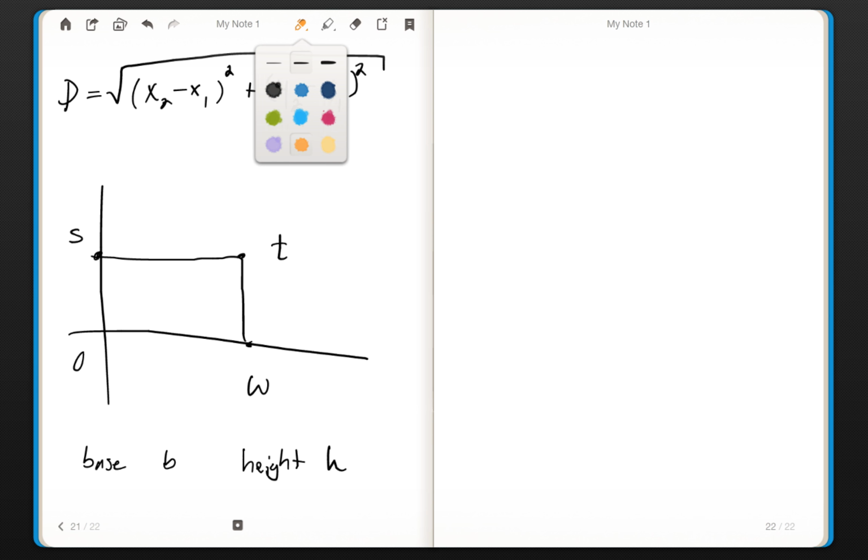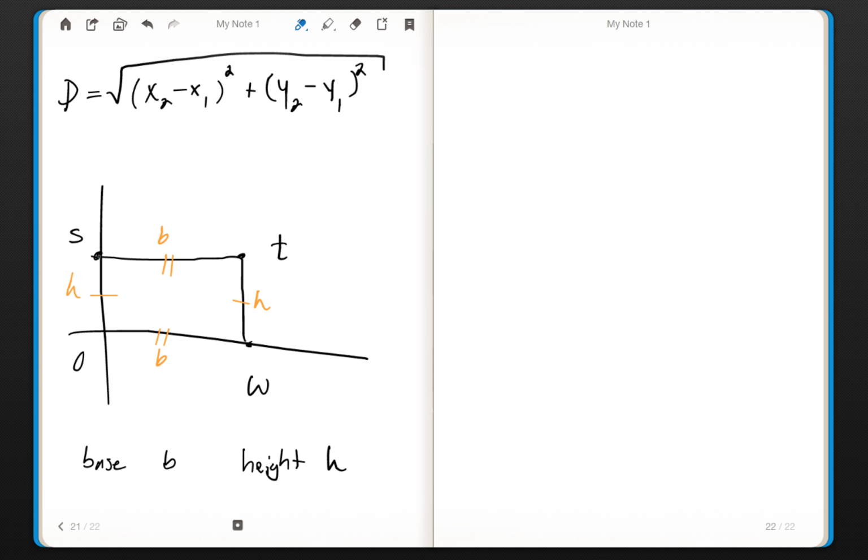We just have to go in and just be specific. So that means that this is H, this is H, this is B, and this is B. So those are the distances. These are equal to one another, and these are equal to one another. That's the definition of a rectangle.